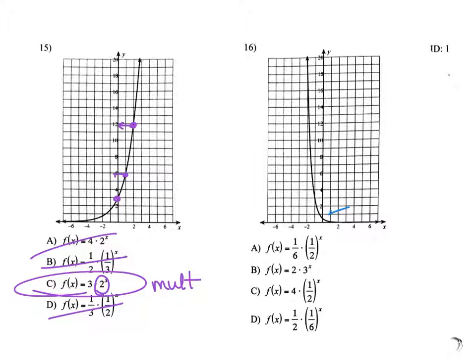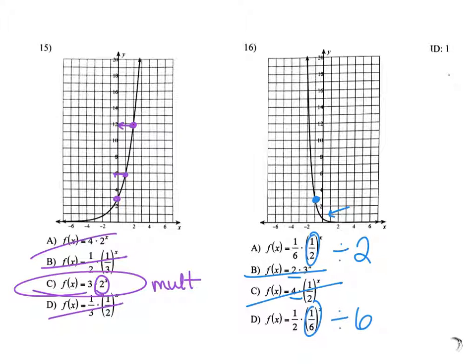16, all right, looks like I've got a fraction here as the starting point. So the starting point is not 2 or 4. And it looks like both of these indicate that we're getting smaller. A is divide by 2, and B, the pattern is divide by 6. So we want to pick some points that it's kind of easy to check how is this being divided.